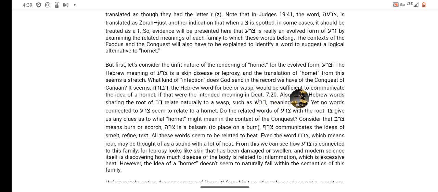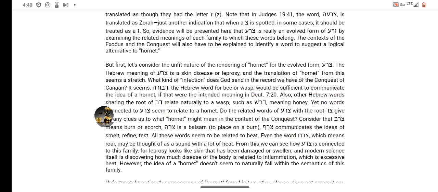In the record, we have the conquest of Canaan. It seems these group of letters, the Hebrew word for bee or wasp, would be sufficient to communicate the idea of a hornet, if that were the intended meaning in Deuteronomy chapter 7 verse 20.